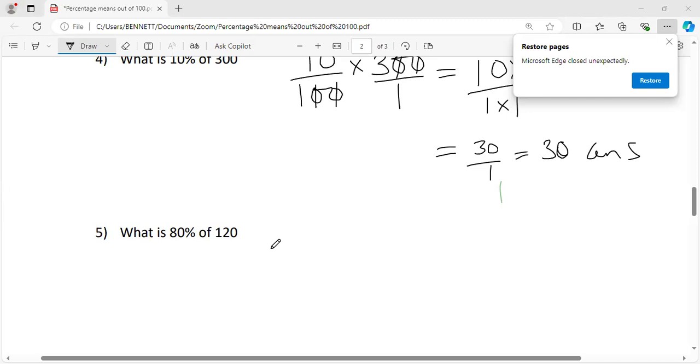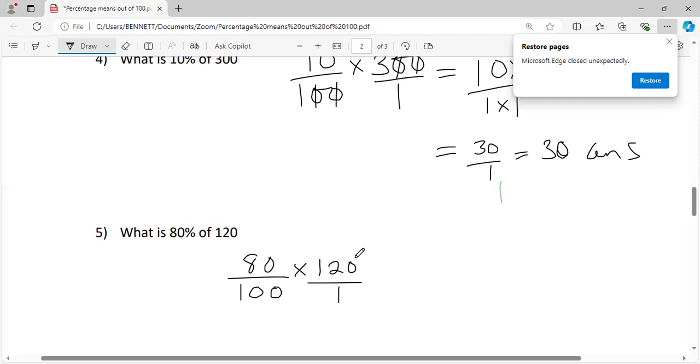Alright, guys, remember, percent means out of 100, right? So it's 80 out of the 100 times 120, because what we're doing is finding 80% of 120, right? Now, as I said earlier, when we cross off a 0, we actually divide by 10. So let us divide 120 by 10 and also divide 100 by 10.